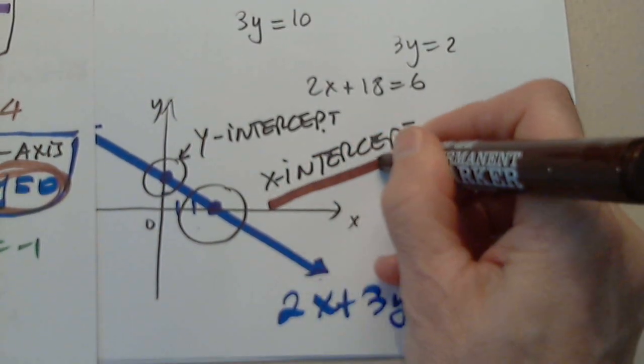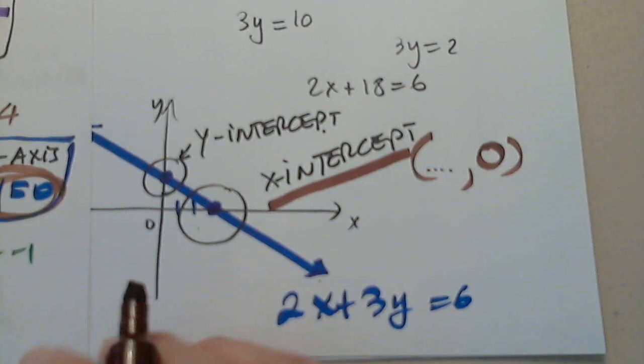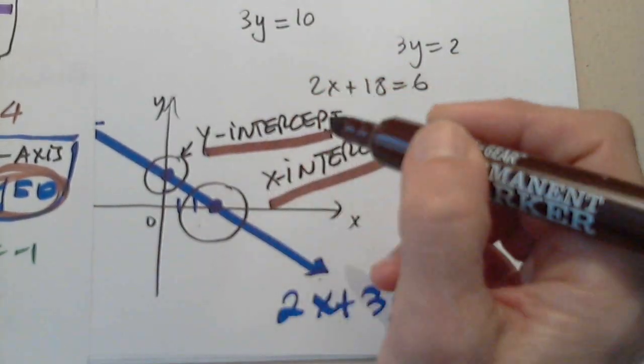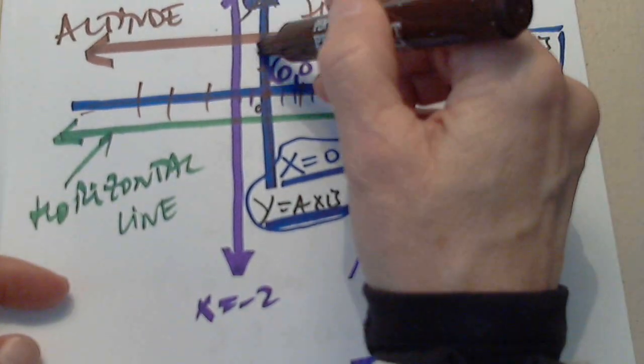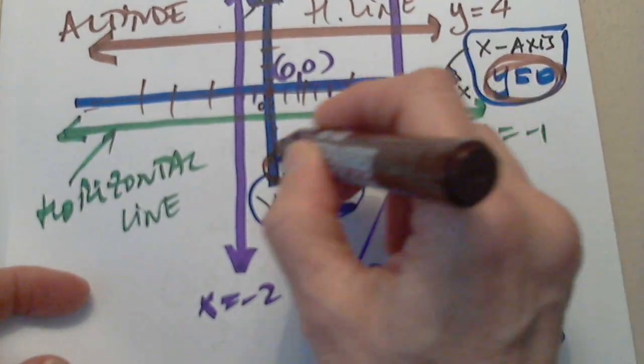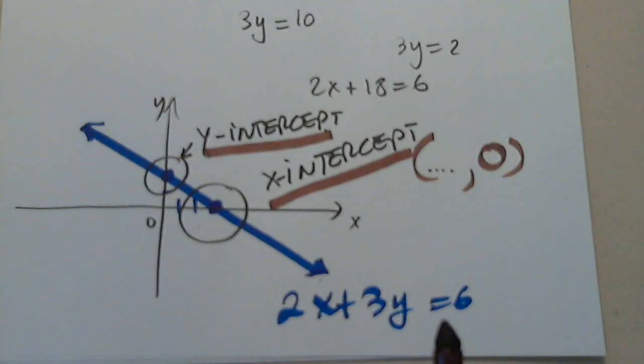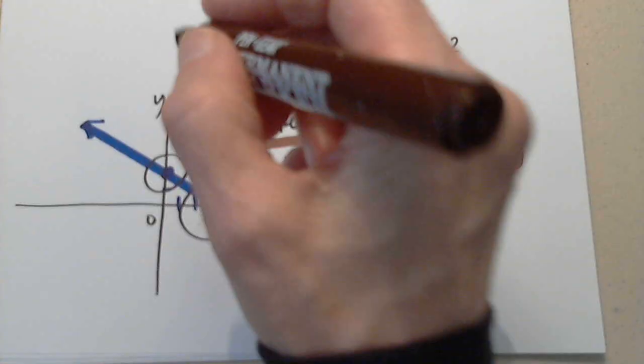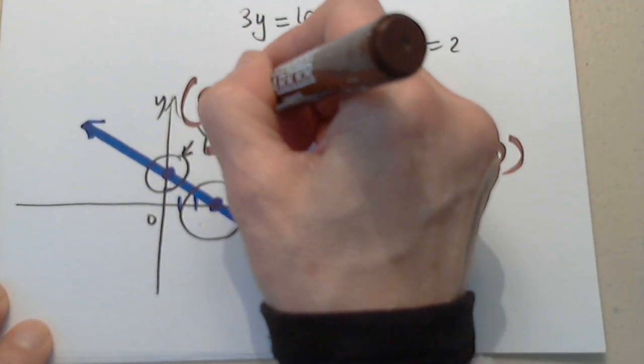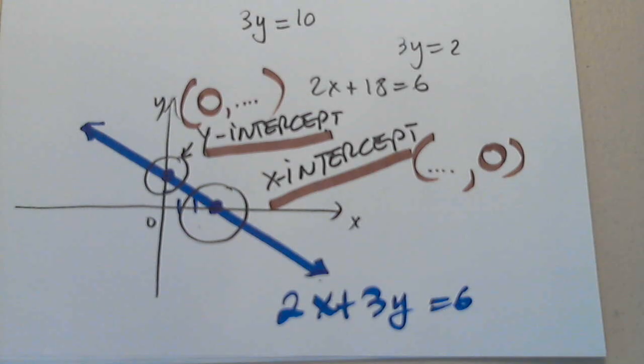That's the x-intercept. What about the y-intercept? All points on this line have one very important characteristic. What is it? x equals 0. So this point has a 0 and something else.